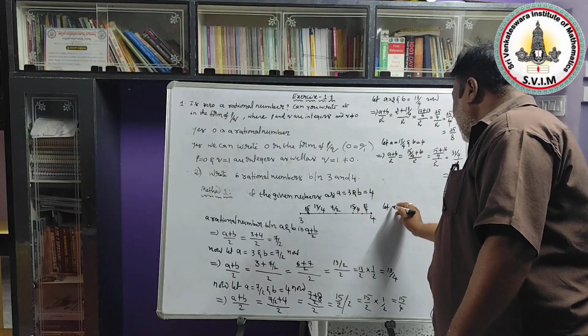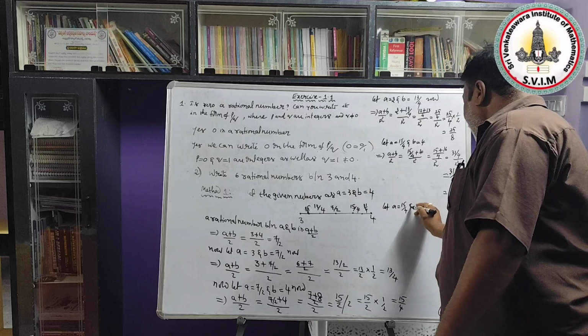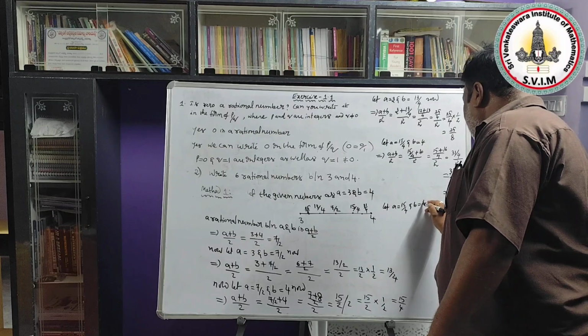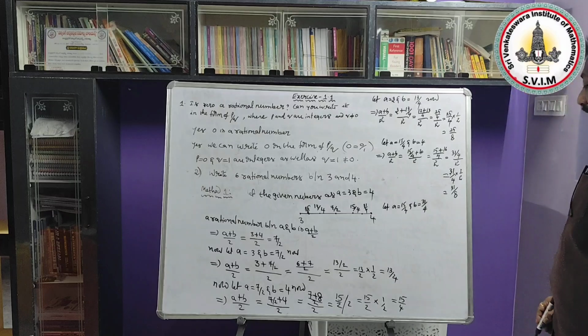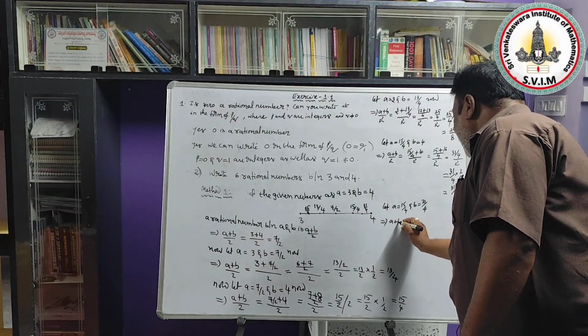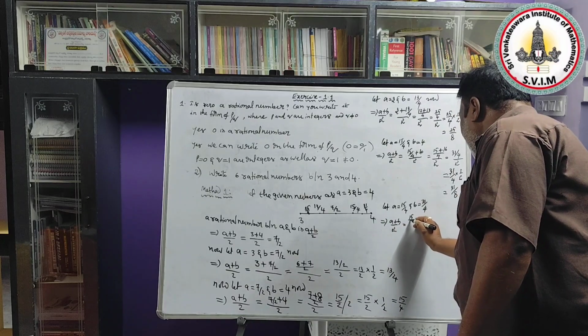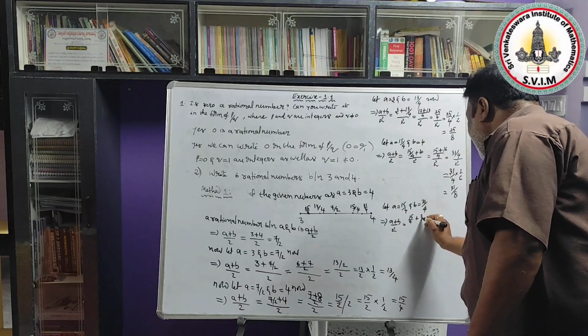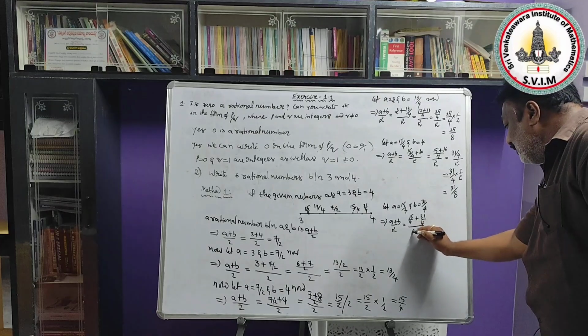Now let a is equal to 15 by 4 and b is equal to 31 by 4. Yes, now I am calculating a plus b by 2. So what is a here? 15 by 4 plus what is b here? 31 by 4 by 2.